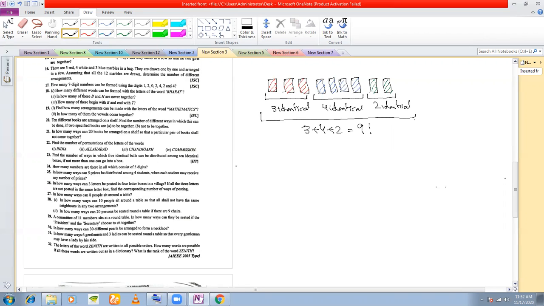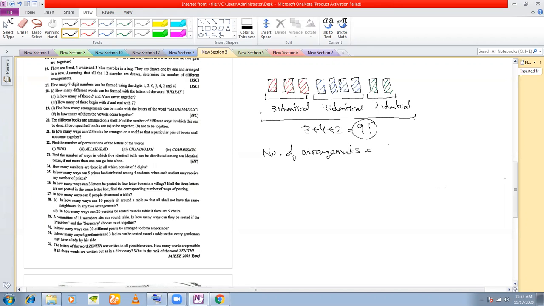In such a case where only a certain number of things are identical, the number of arrangements would be as follows.